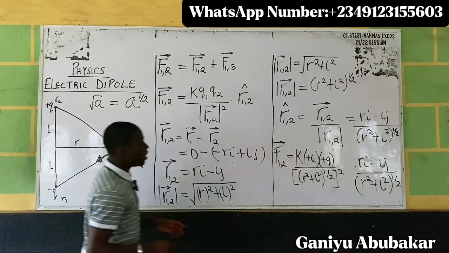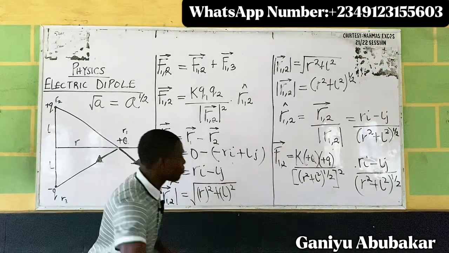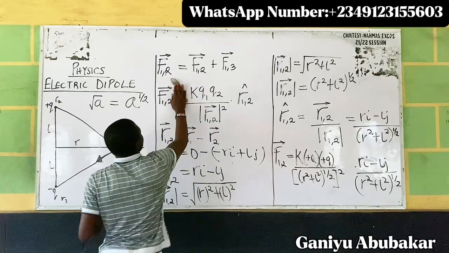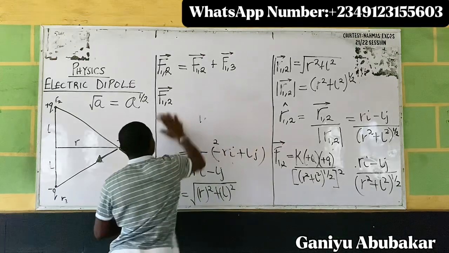Alright, let's get a value for f12. From there, simplify further.